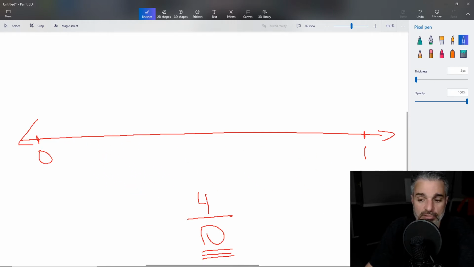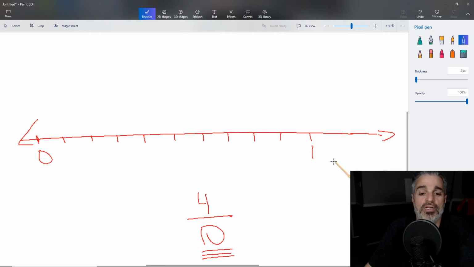So I'm going to try to do them here. 1, 2, 3, 4, 5, 6, 7, 8, 9, 10. Okay, so the 1 is not going to be here. So 1, 2, 3, 4, 5, 6, 7, 8, 9, 10.